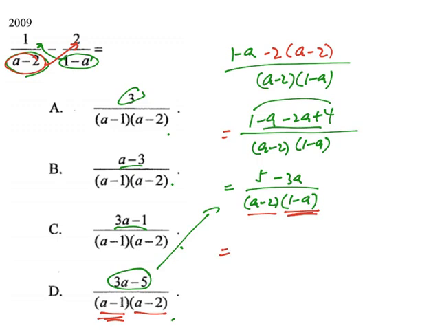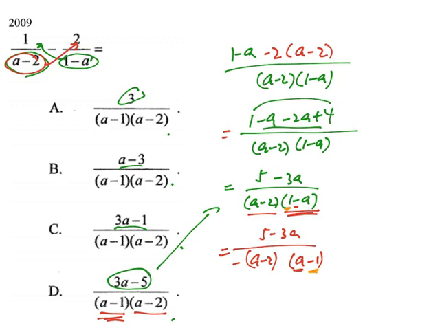So we need to take the negative out. So that means after taking the negative, it becomes a minus 1. Get it? Because this negative take out, so it becomes positive. And then this positive, we take the negative out, so it becomes negative. So you see the denominator same, a minus 2, a minus 1.